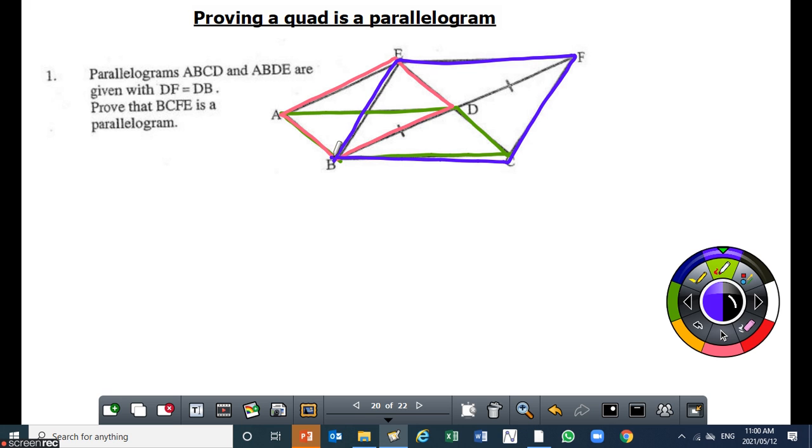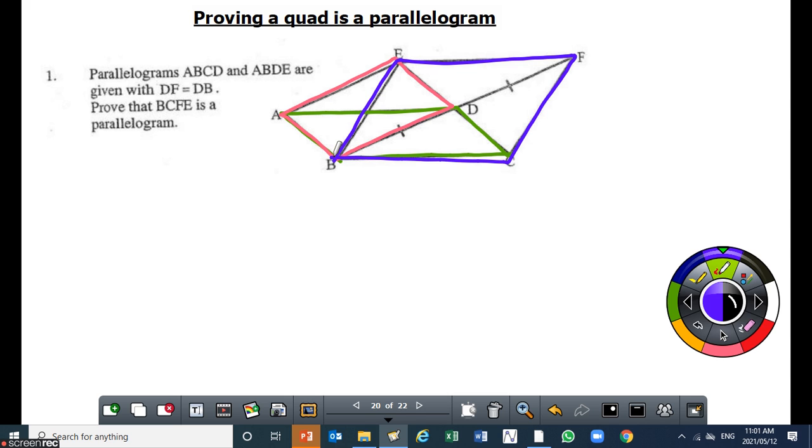Those are the main ones. You can only prove that a quad is a parallelogram by using the properties. If you don't know them, you are going to have major problems.